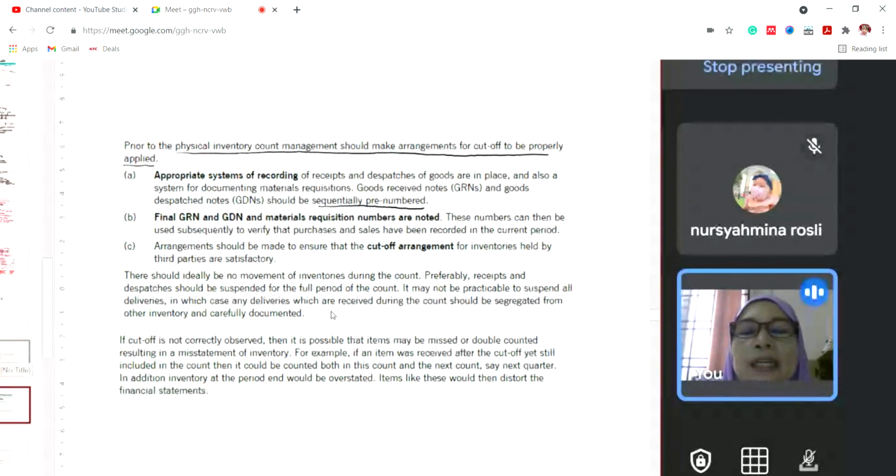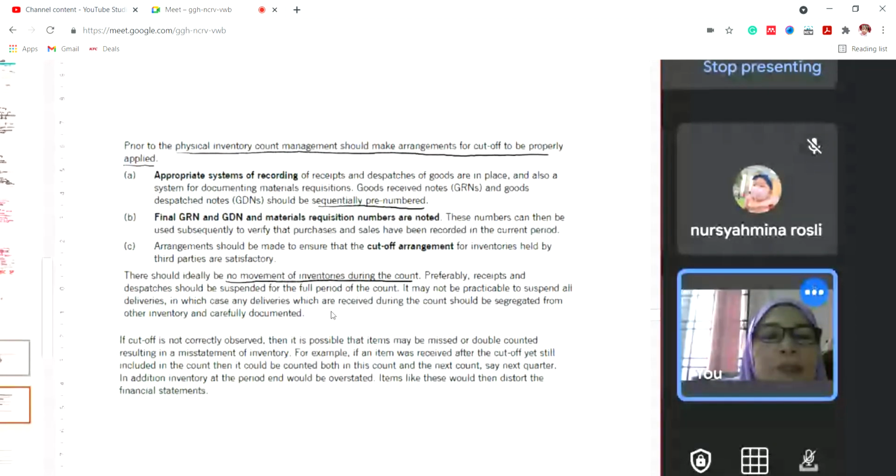Final GRN, GDN and material requisition numbers are noted, and arrangements should be made to ensure the cut-off arrangement for inventories held by third parties is satisfactory. There should ideally be no movement of inventories during the count. Preferably, receipts and dispatches should be suspended for the full period of the count.